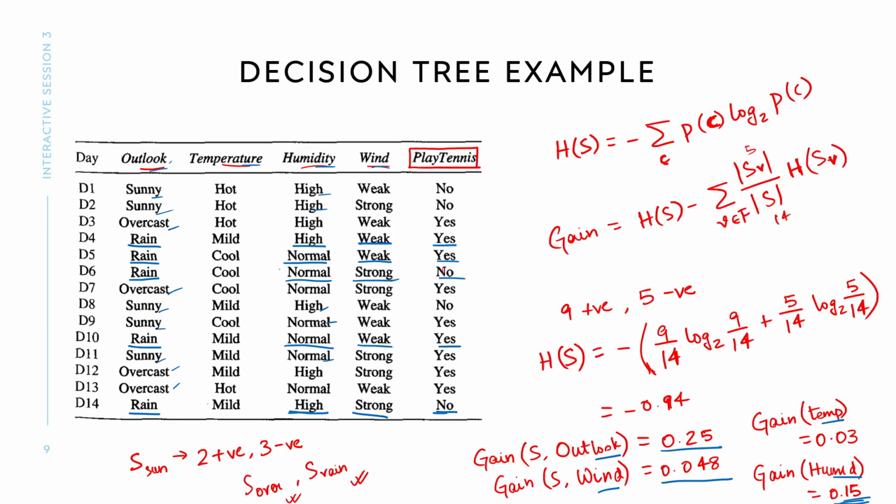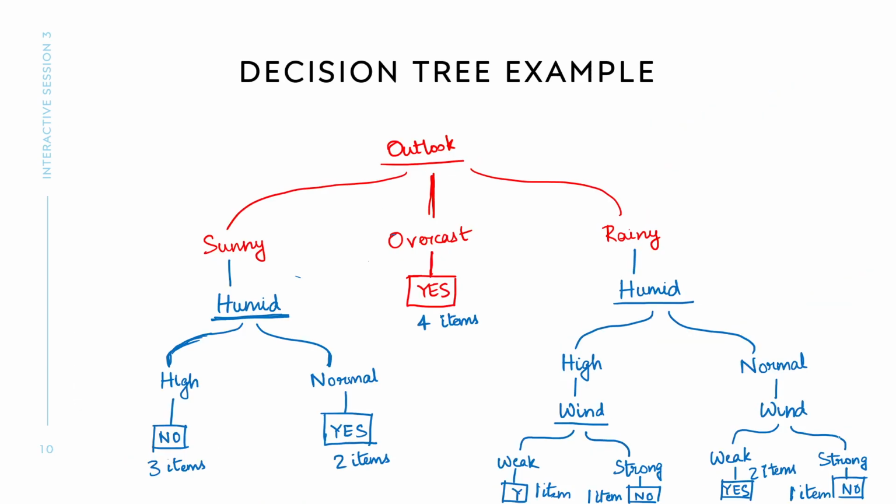Temperature feature is not used anywhere. Temperature was not required in the end, right? We could form our decision tree with 14 data items just with outlook, humidity, and wind. In this wind feature, if it was weak wind, and say I had three items here, two of them yes and one of them no, then I would have had to look at temperature also.